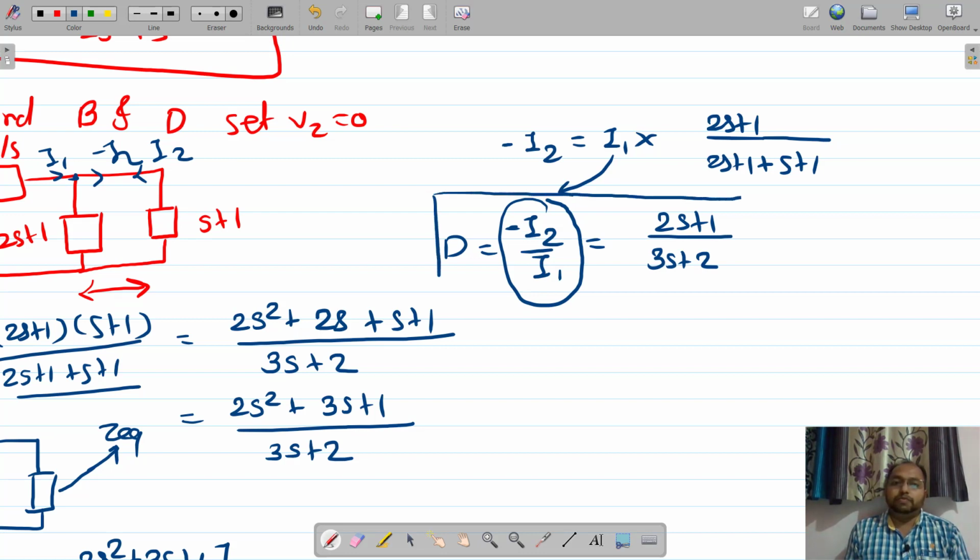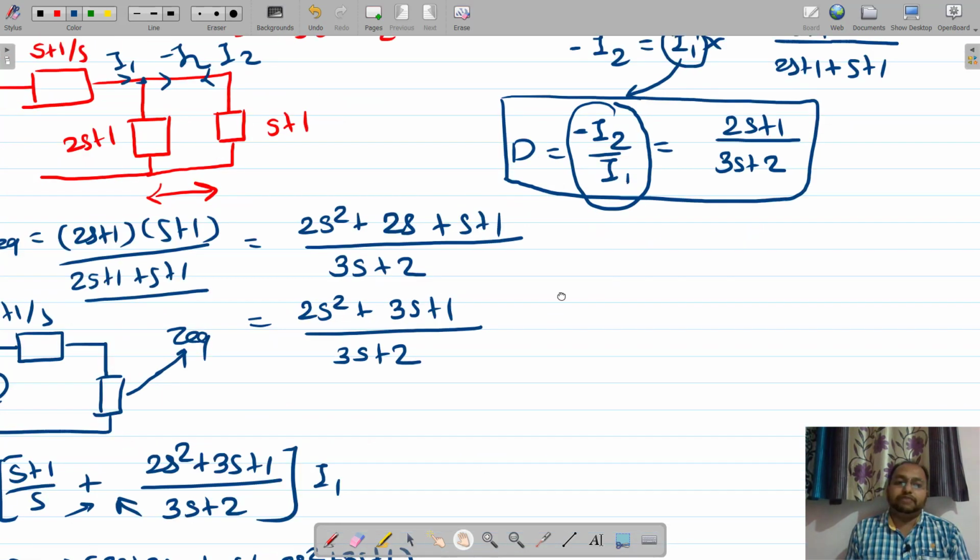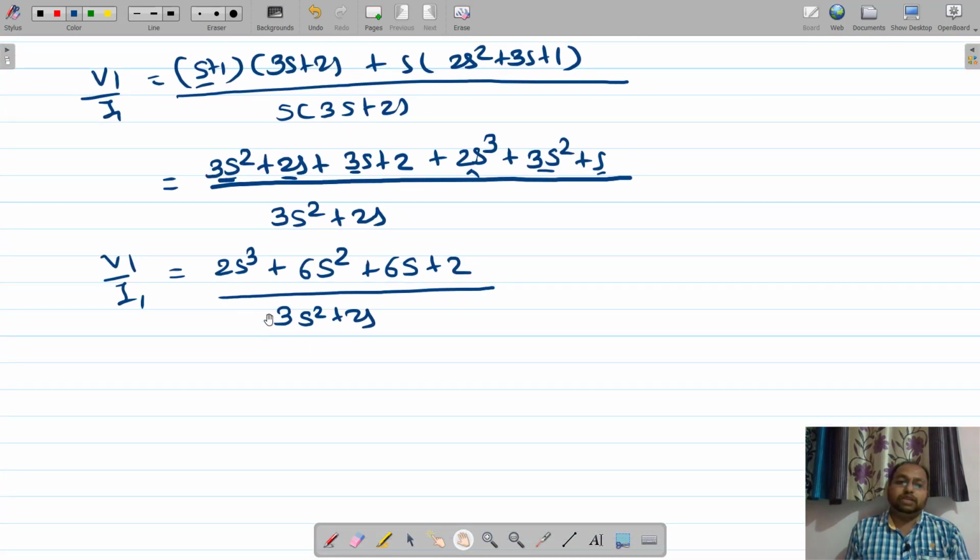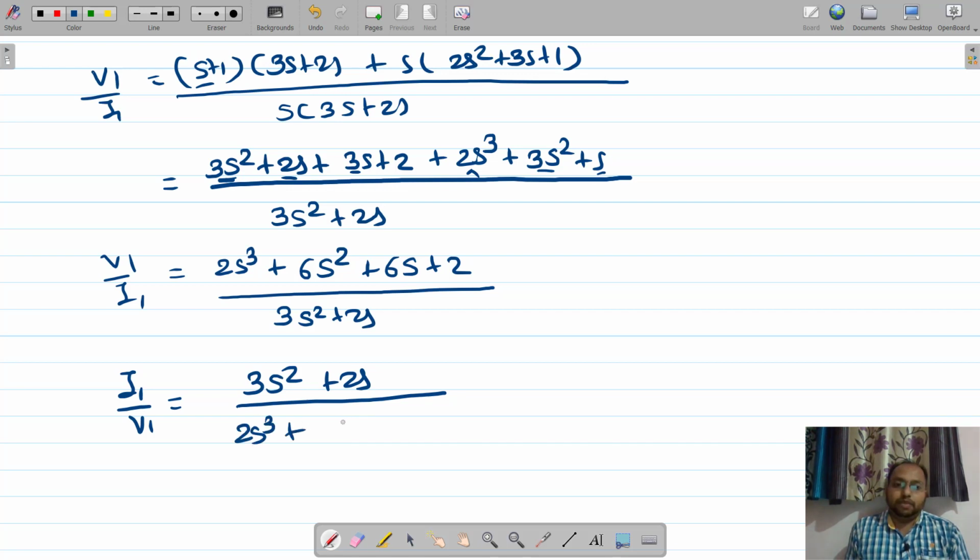Now, in order to find C, you need to express I1 in such a way that it will have a V1 term. So let us rearrange this equation to get I1. Let us first take a reciprocal of this: 3s square plus 2s divided by 2s cube plus 6s square plus 6s plus 2.